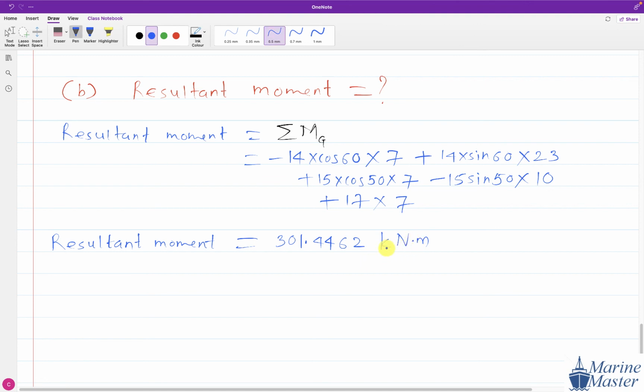Moment is force times distance. We have taken all forces in kilonewton and distances in meters. We are getting a positive value, which means clockwise.